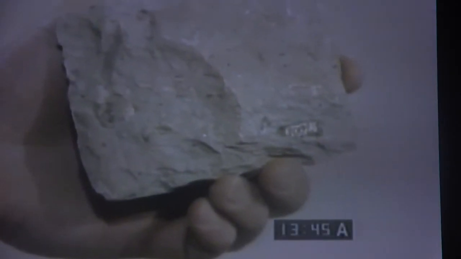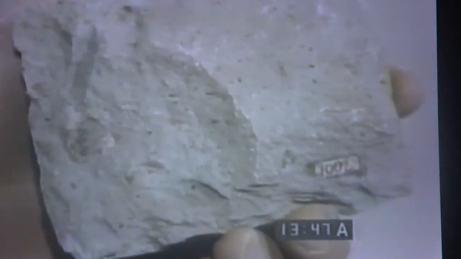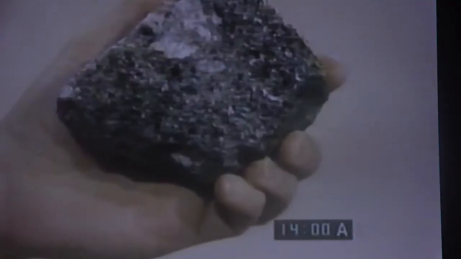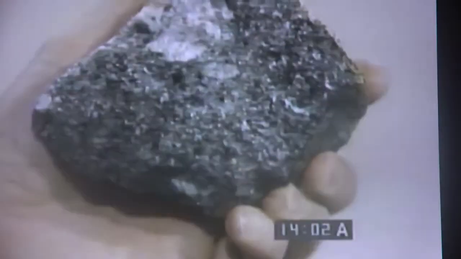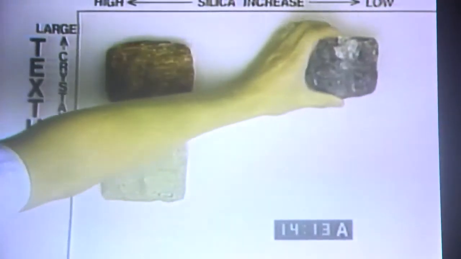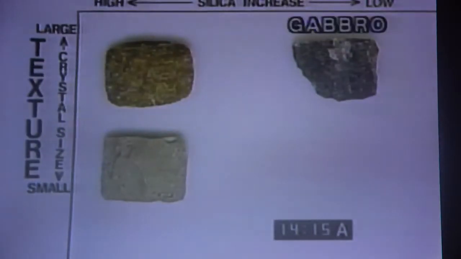On the other hand, that same mineral composition in a rock with mineral crystals so small that we would need a microscope to recognize them would be called a rhyolite. A rock that has low silica minerals like the amphiboles and pyroxenes, and a very low silica mineral called olivine, and mineral crystals large enough to see with the naked eye, that rock would be called a gabbro.